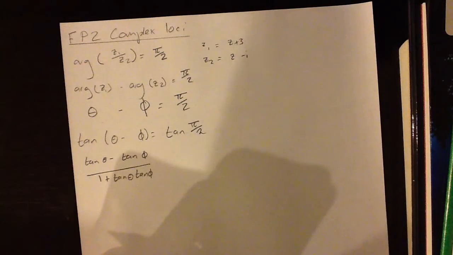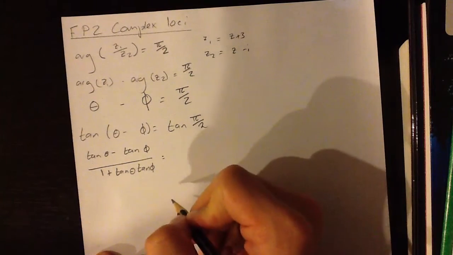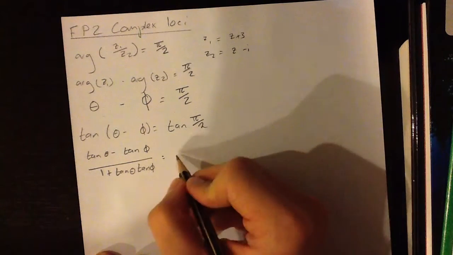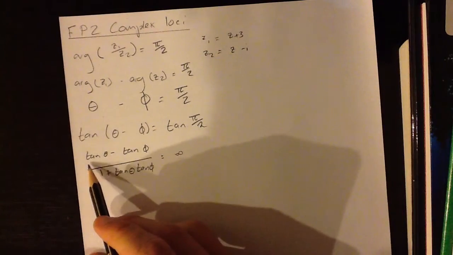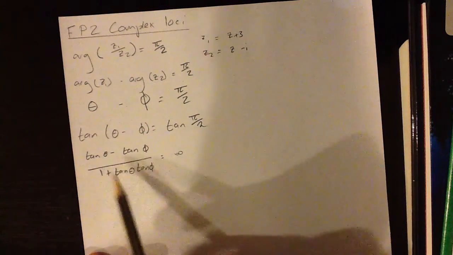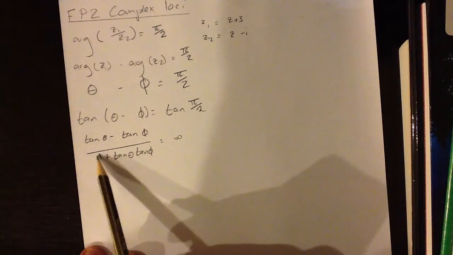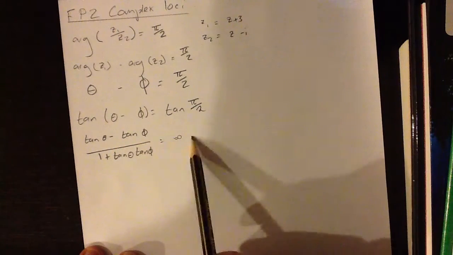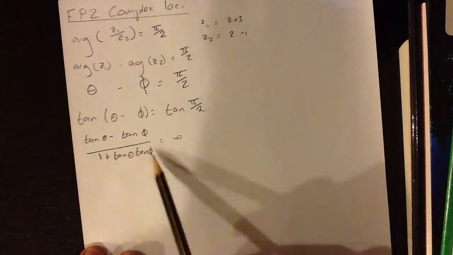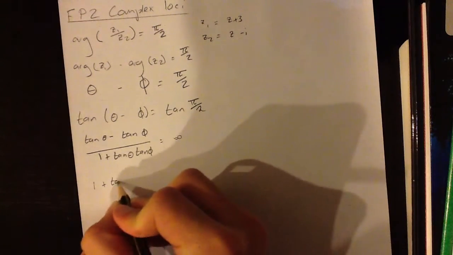That's from C3, I believe, equals tan of pi over 2, which is infinity, so we'll leave that as undefined or infinity. Now, we have a fraction equaling infinity. You should know through basic algebraic manipulation that this means that the denominator must equal 0. In order to have undefined, when you're dividing, the denominator has to equal 0. So we take the denominator equaling 0.